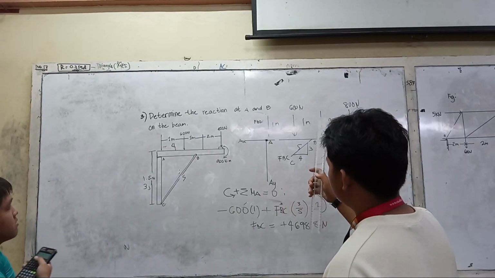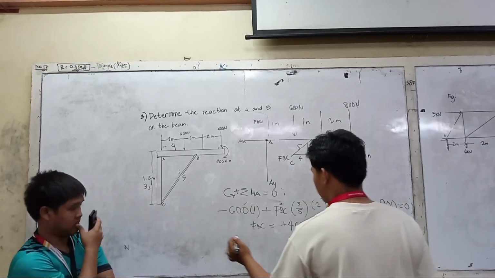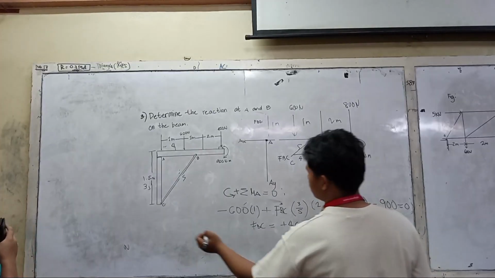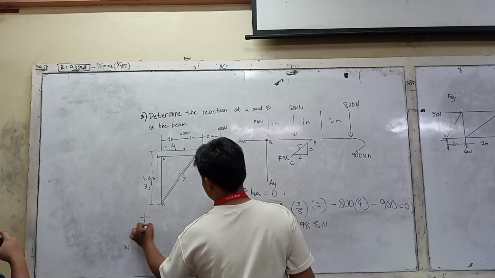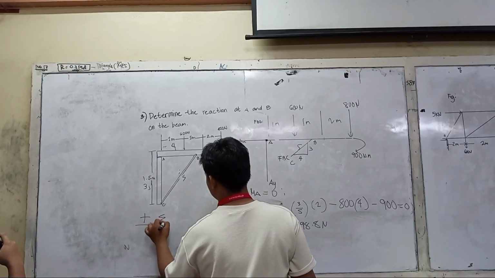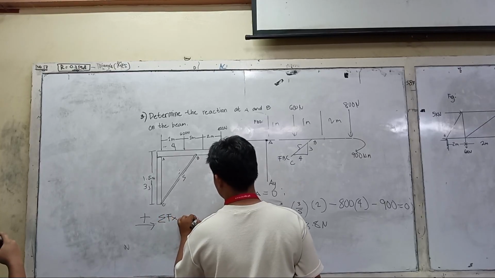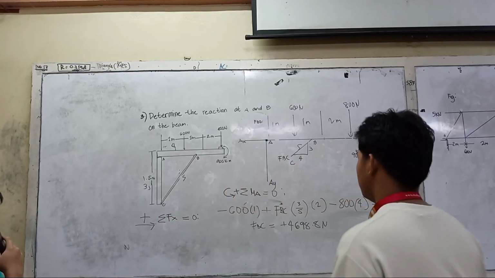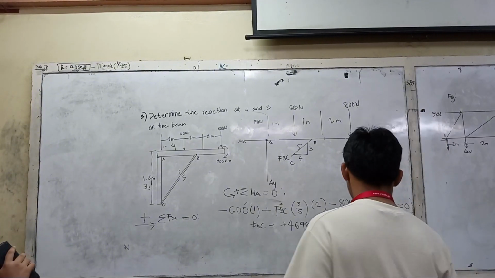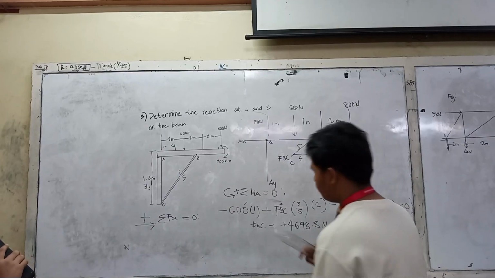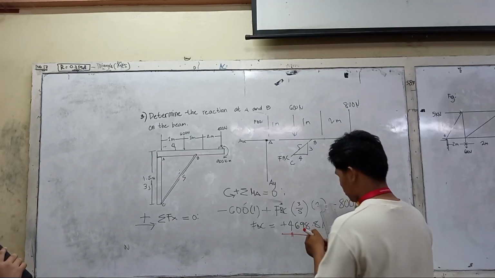So the second thing we need to find right now is the summation of FX. We have the positive summation of Fx equals 0. To find that, you just copy the answer of FBC here.